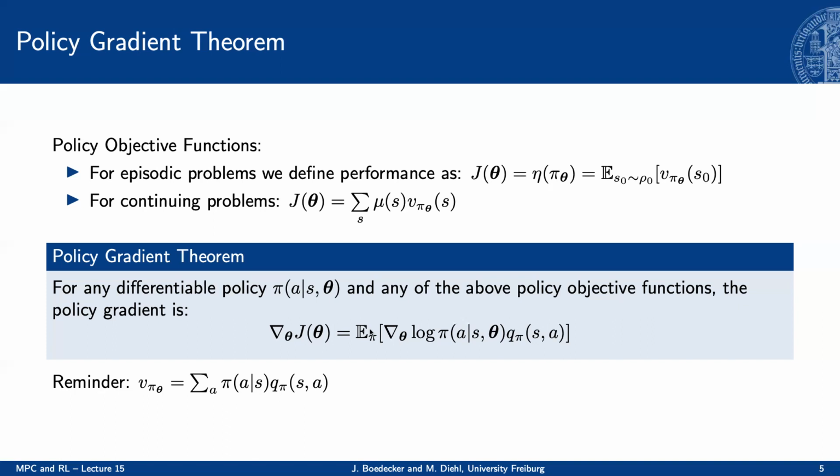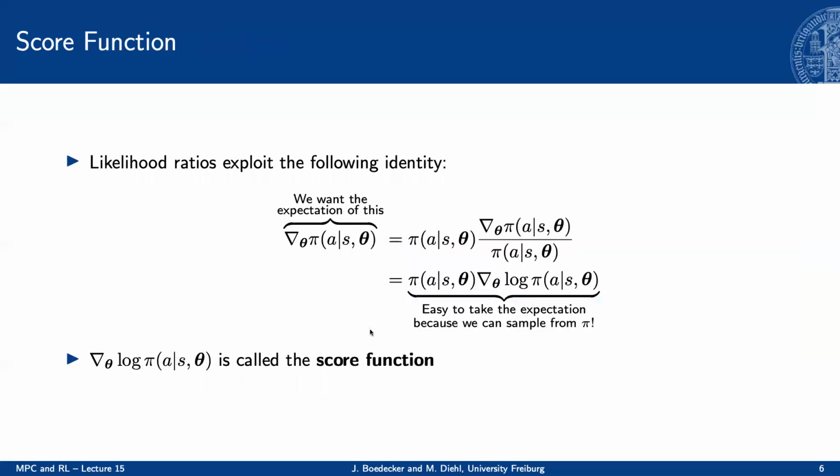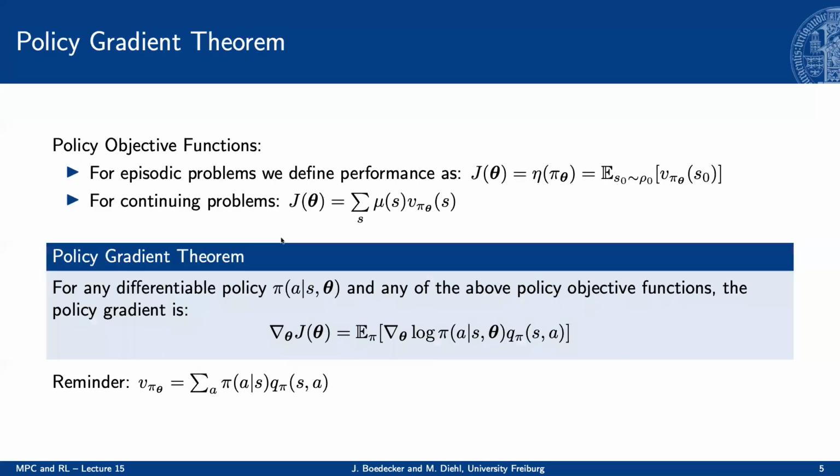So then we need to do something else, and the something else is that we rely on sampling again, basically. So in the end, we want to compute an expectation of our, well, let me come back to this.